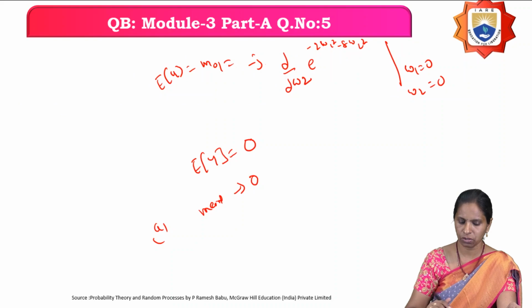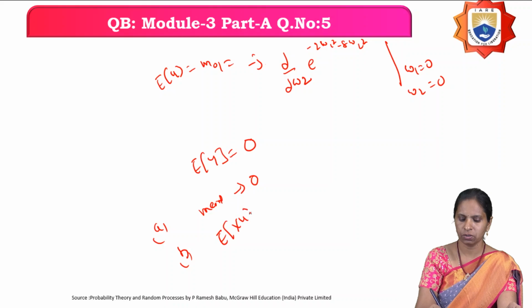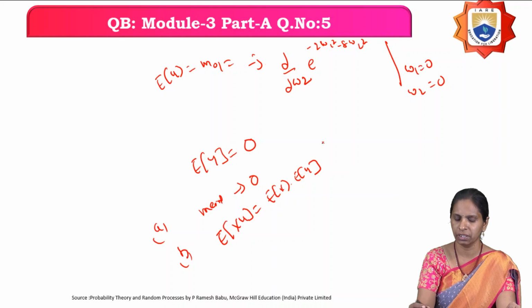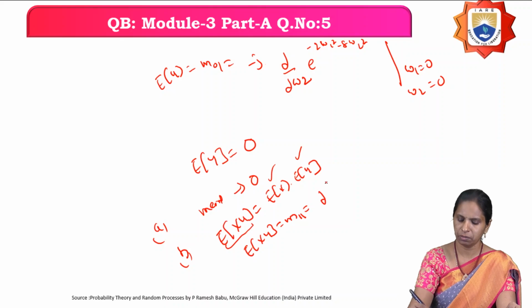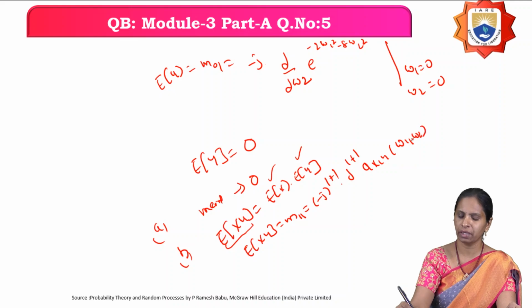And what is the second one you have to show? You have to show that they are uncorrelated. For uncorrelation, you have to show that U of xy is equal to U of x into U of y, because the covariance is 0 for them. You have already calculated U of x and U of y, so calculate U of xy. What is U of xy? It is m11, which is minus j power 1 plus 1 into dou power 1 plus 1 phi xy of omega 1 comma omega 2 by dou omega 1 power 1 into dou omega 2 power 1.